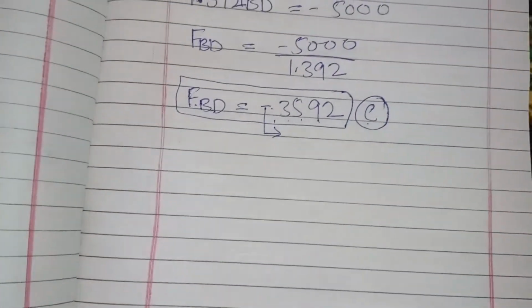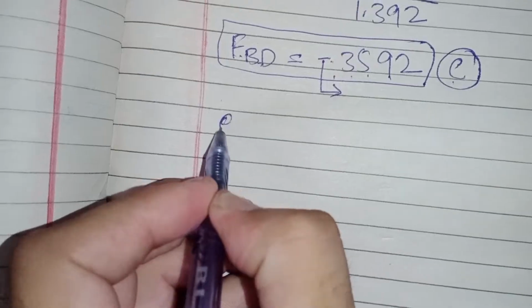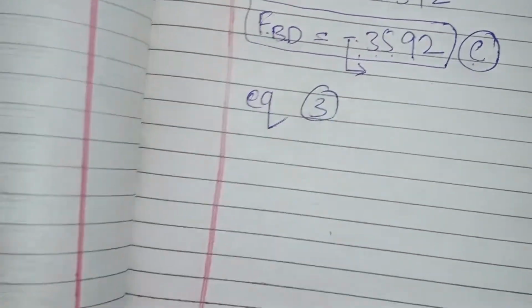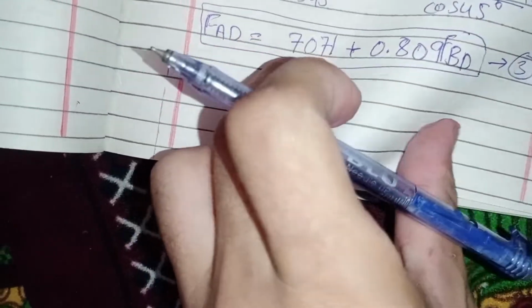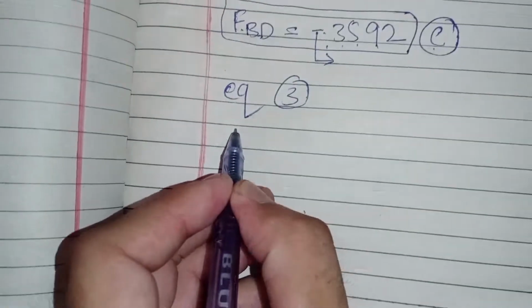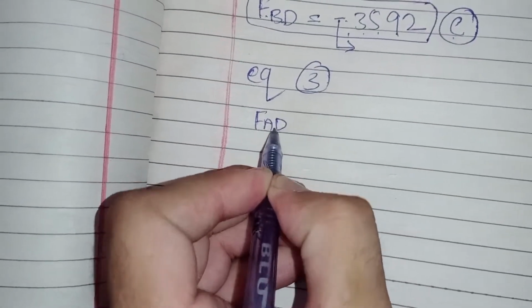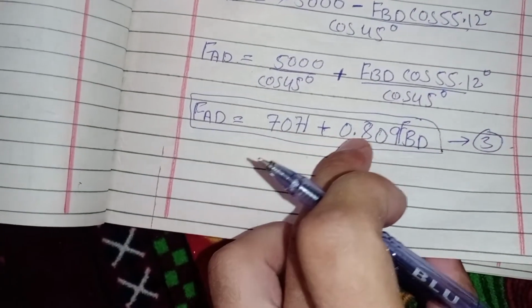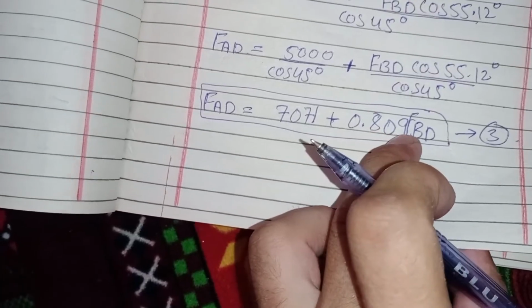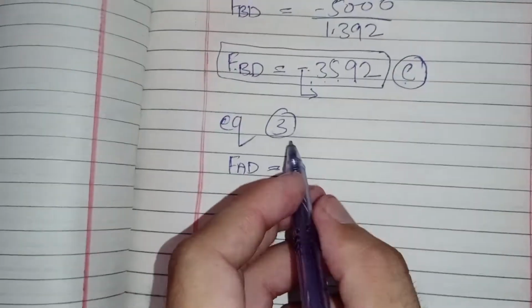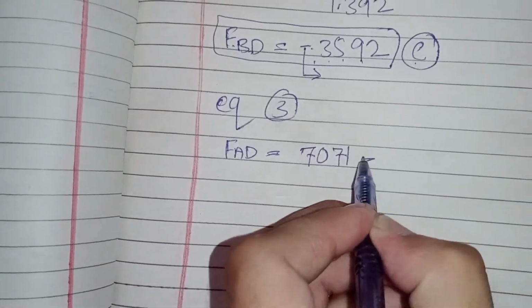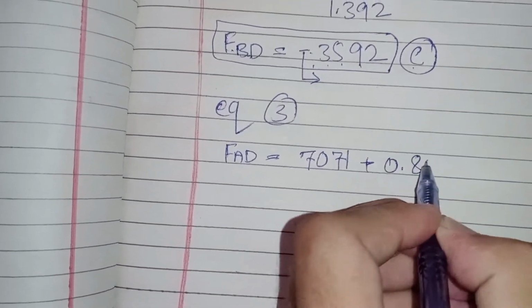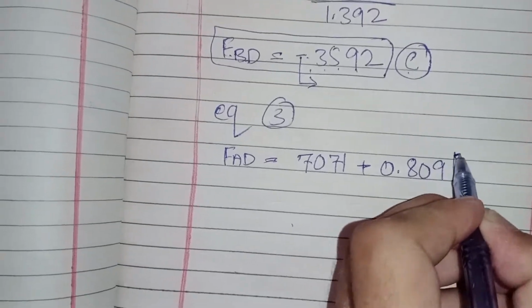Now equation 3 will come. This is our equation 3. FAD equal to 7071 plus 0.809 force in BD.